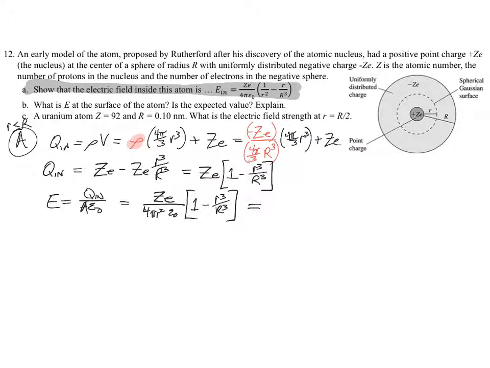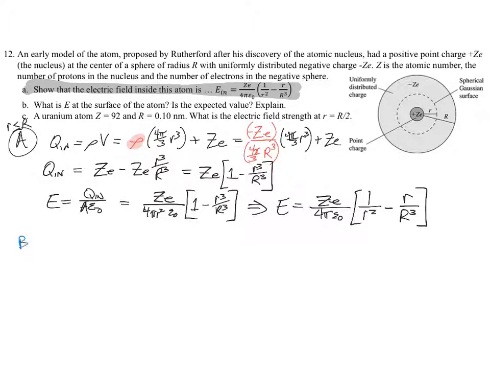And so at the end of all of this, we could simplify this to the electric field is going to be Ze per 4 pi epsilon naught, and then we would have 1 over r squared minus r over R cubed. I trust you can crunch those numbers around and get that answer there, but so we've shown that works.